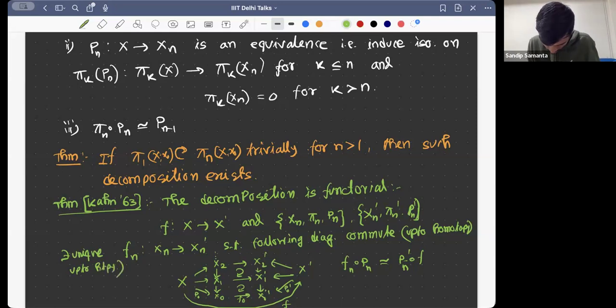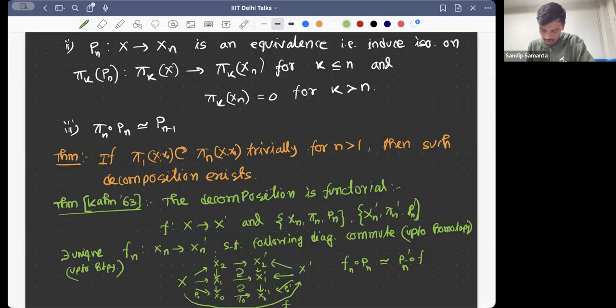That means that if there exists some map which satisfies this condition along with this commuting diagram, then those fn are homotopic as well, and vice versa.